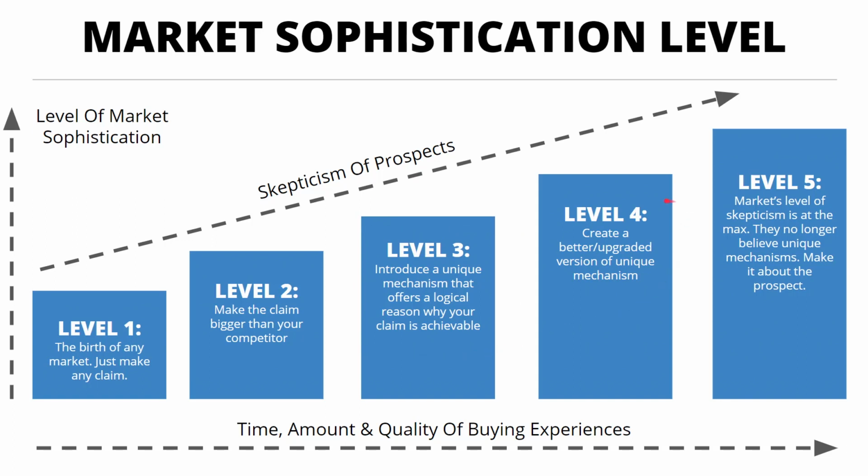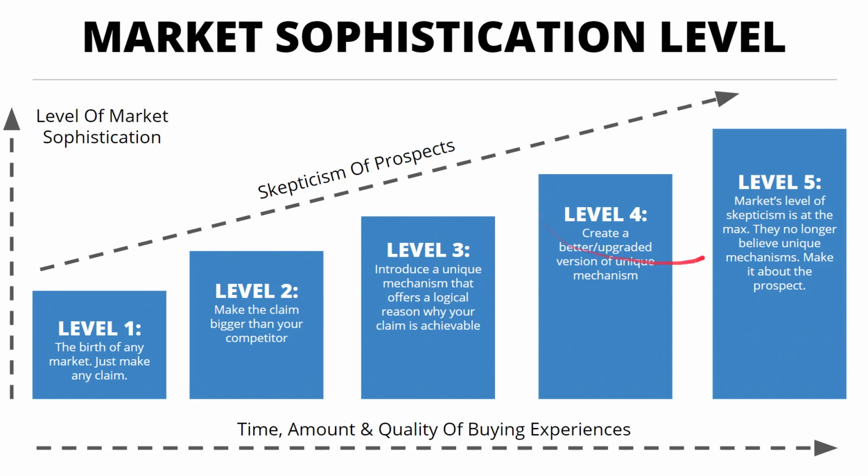If you come in with a level 4 marketing message that is completely at the next level than every other marketer in the space is doing, then it's going to work, right? It's actually going to be better for you because your marketing message is more advanced than everybody else in the space. So that's a good way to get a competitive advantage over other marketers in the space: I know that most people are operating at level number 3, so I'm going to come in at level number 4.